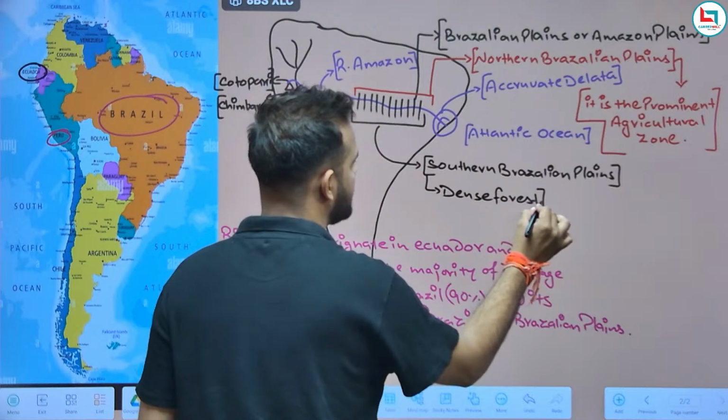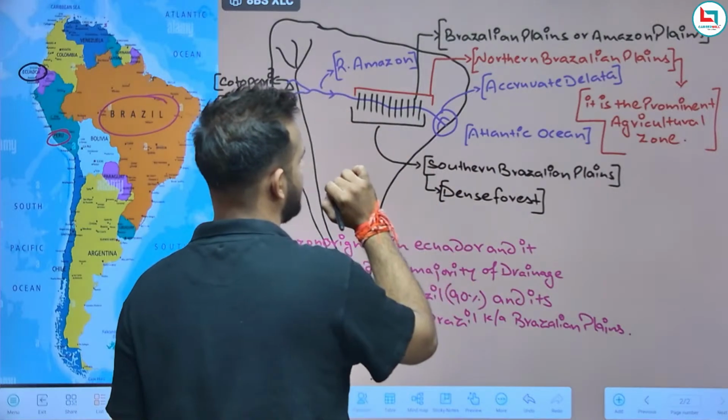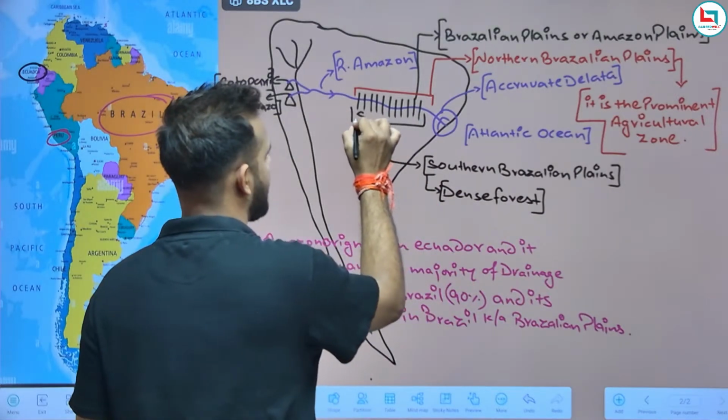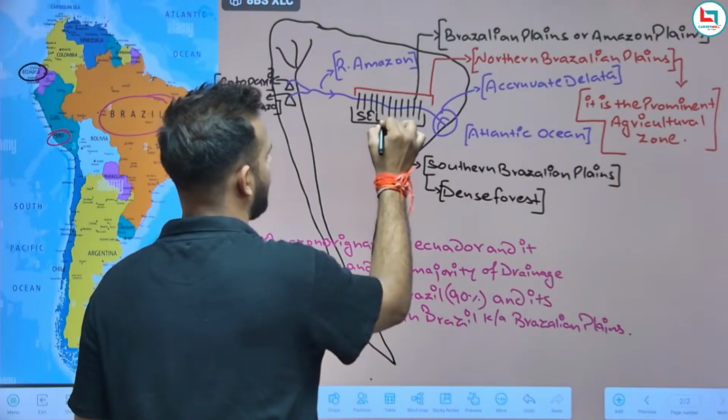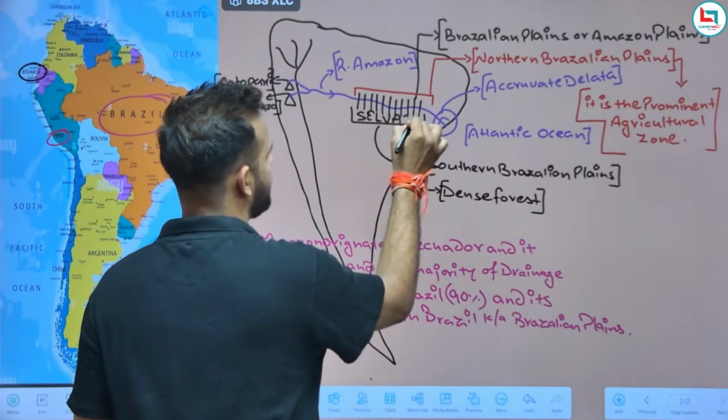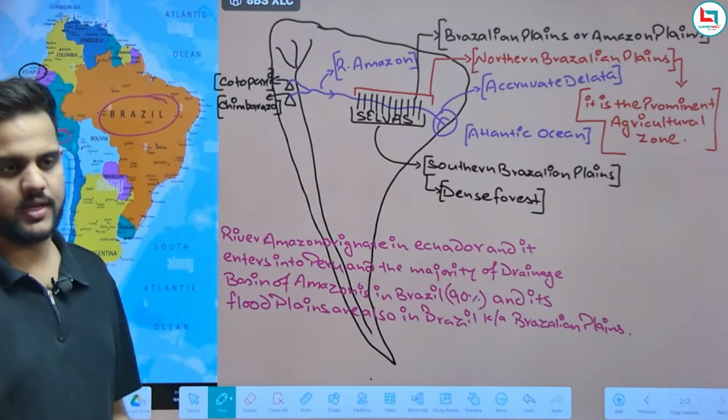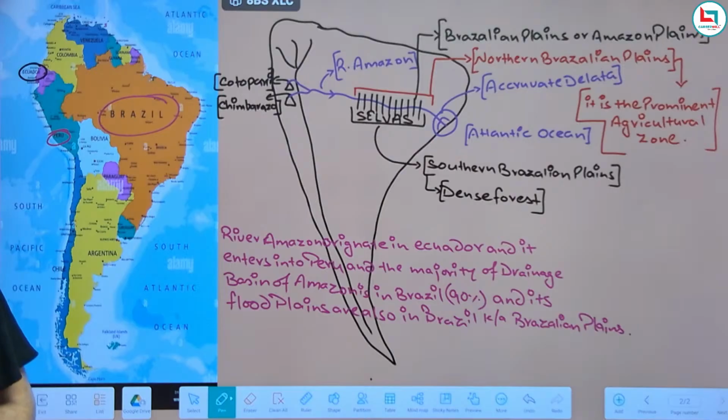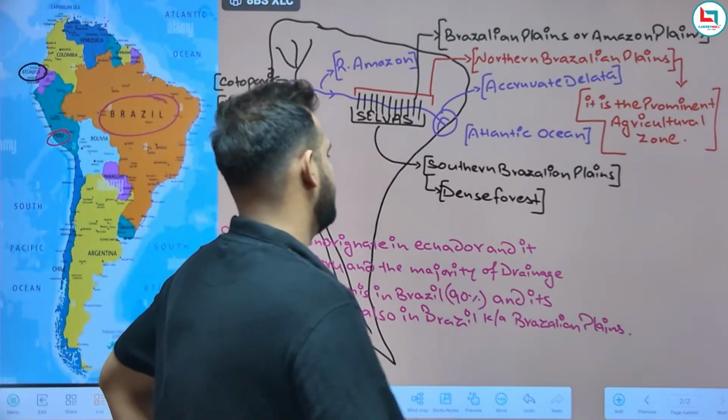When you look towards the southern part of these plains, you will find the selvas. Selvas are the dense forest of the world. Now guys, these selvas produce almost 25% of the world's oxygen, and they contain the highest number of species in the world, and they are a globally protected area.